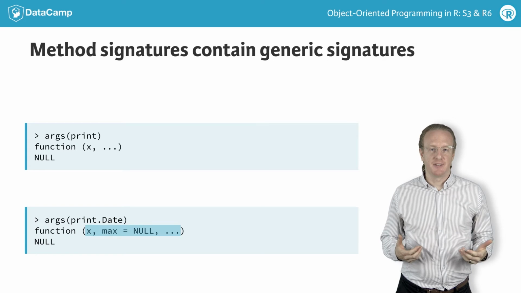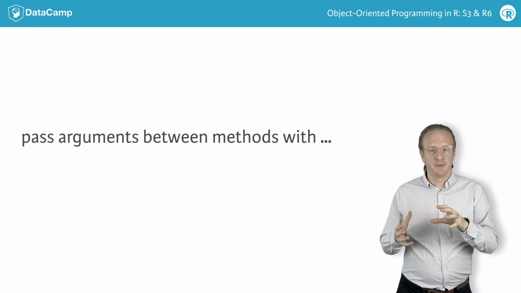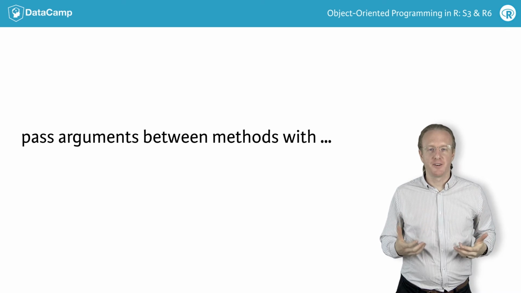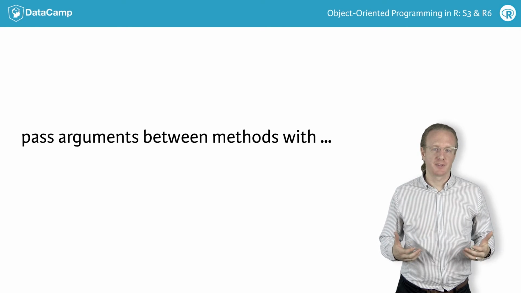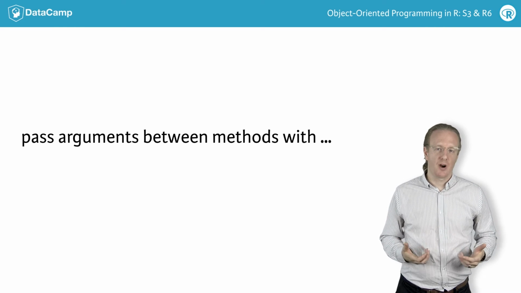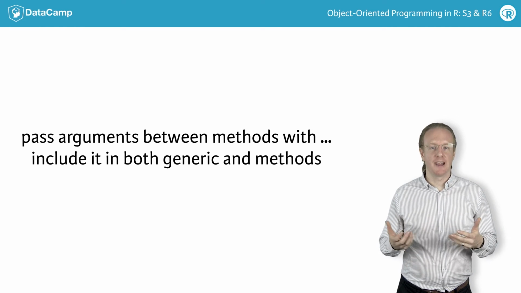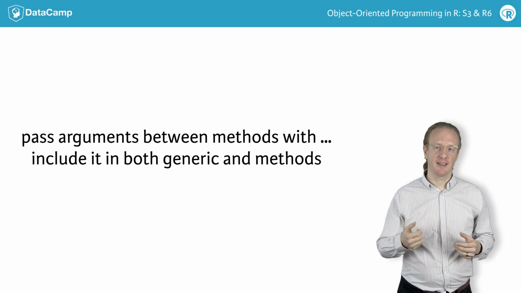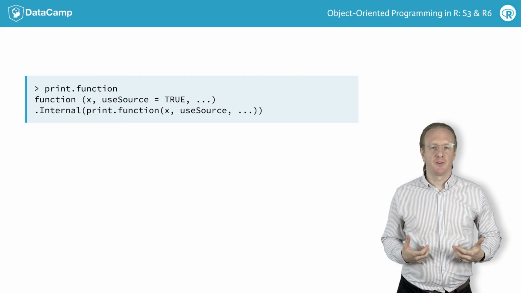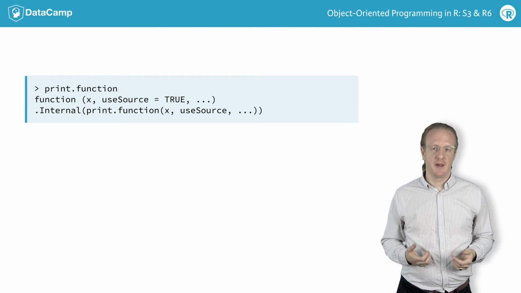The ellipsis argument allows other arguments to be passed from one method to another. A full understanding of how it works is beyond the scope of the course. For now, you just need to know that it's good practice to always include an ellipsis argument in both the generic and the methods. All the methods corresponding to a generic are completely independent.